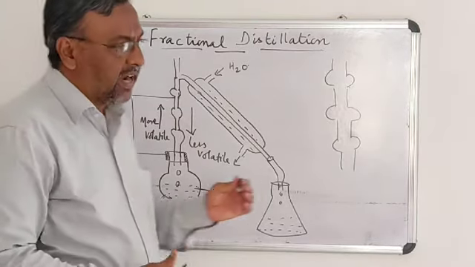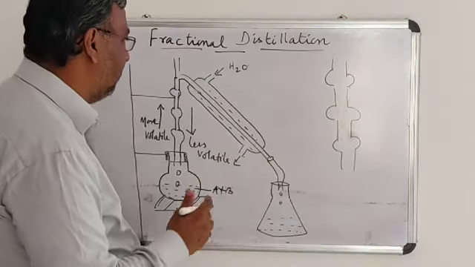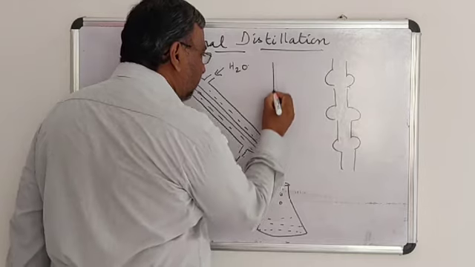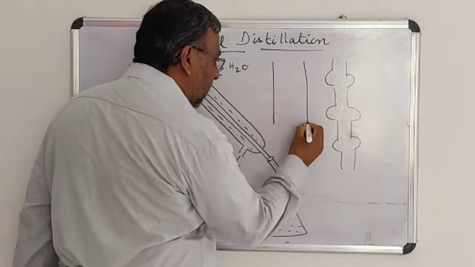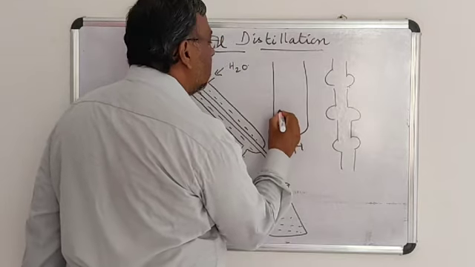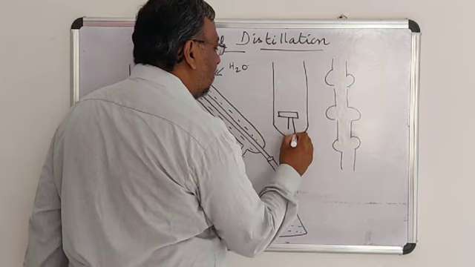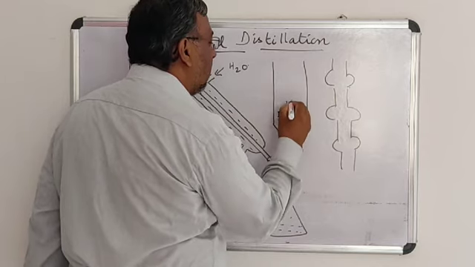Here are different types of fractionating columns. Sometimes this type of fractionating column is used. Sometimes the columns with beads like this.